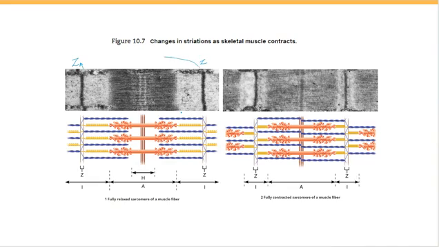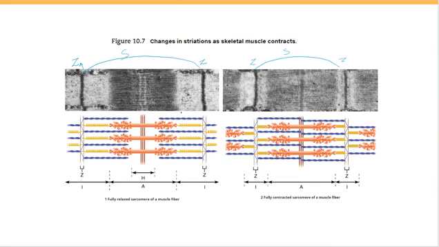From here till here would be our sarcomere, a fully relaxed sarcomere of a muscle fiber. And for this picture, which is a fully contracted sarcomere, that would be our Z line and Z line. If you measure the sarcomere of a fully contracted muscle fiber and compare it with the fully relaxed sarcomere, you will see that sarcomere length has shortened during muscle contraction.